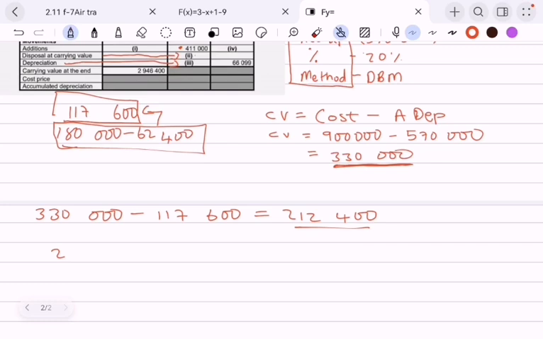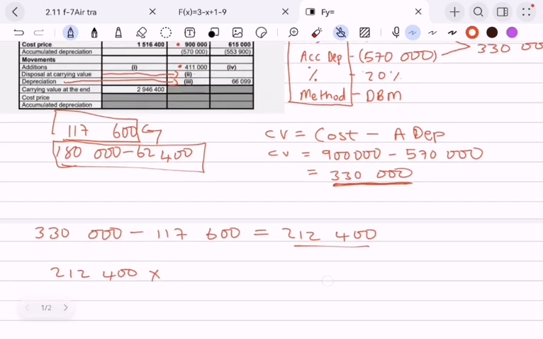So you will take your 212,400, you multiply it by your percentage of the 20%, or your 20 over 100. Then of course it's going to be 12 over 12. So let's quickly punch that inside our calculator. Multiply by 20%.